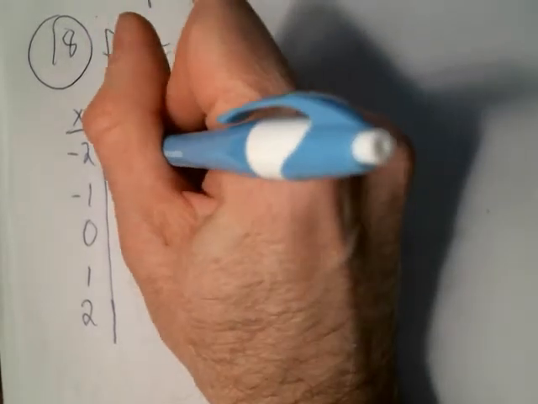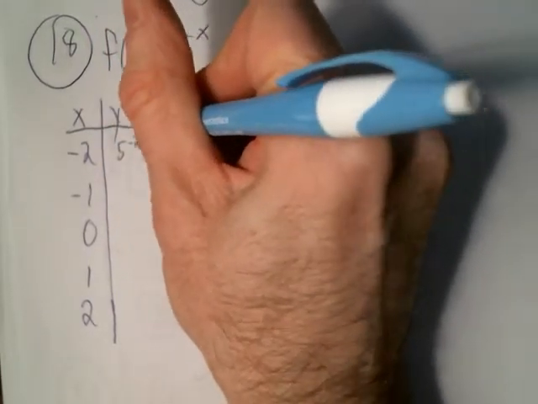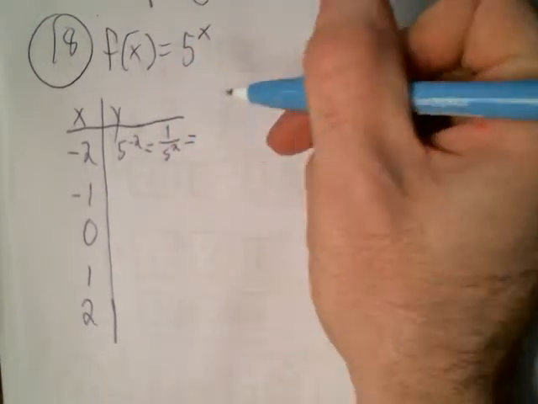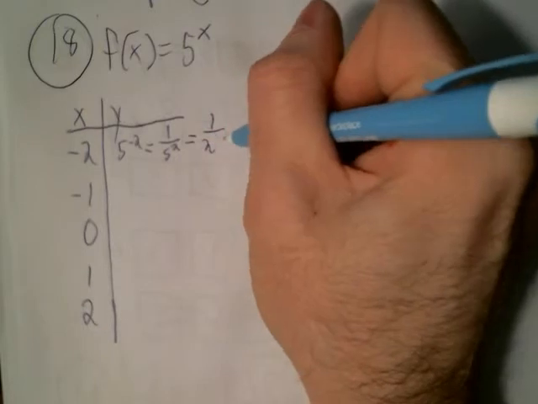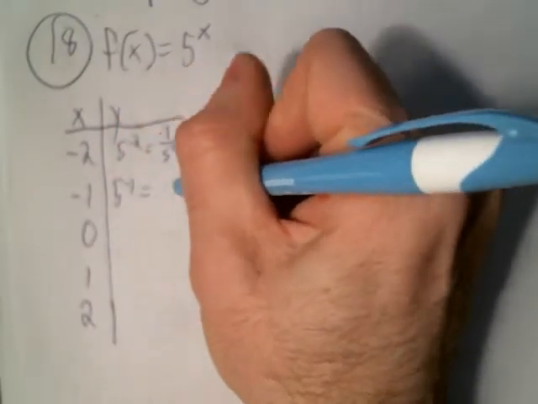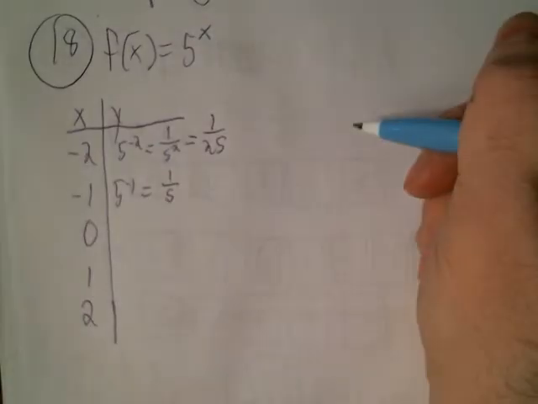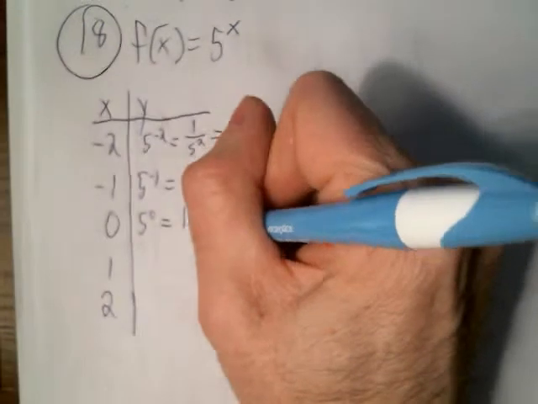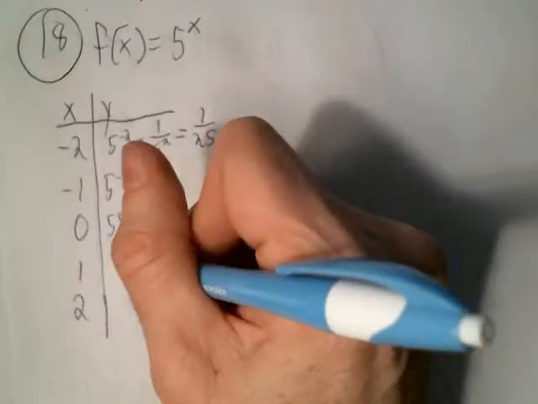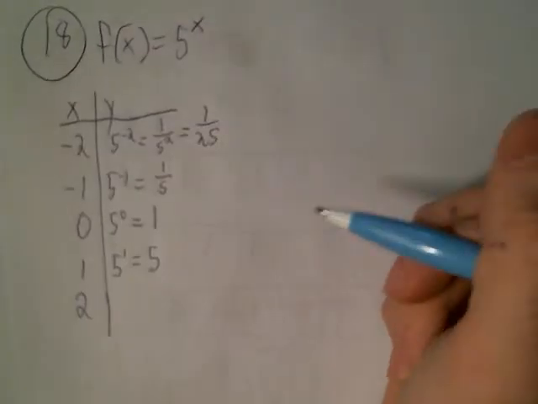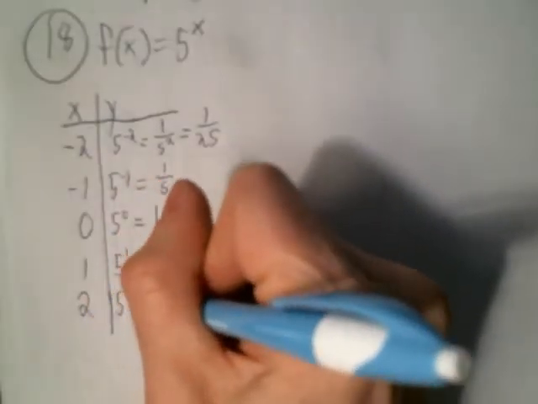So you'll have 5 to the -2, which is 1 over 5 squared, which is 1 over 25. Then 5 to the -1, which is 1 over 5. And 5 to the 0. Anything to the 0 power except 0 is 1. 5 to the 1 is just 5. And then 5 squared is 25.